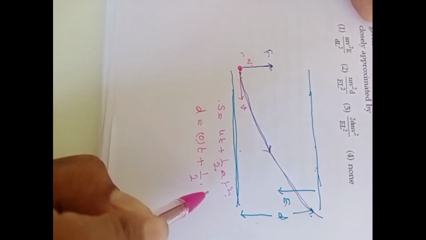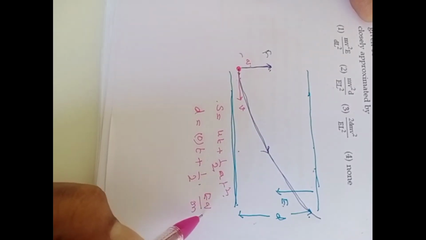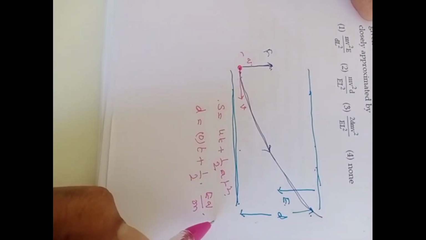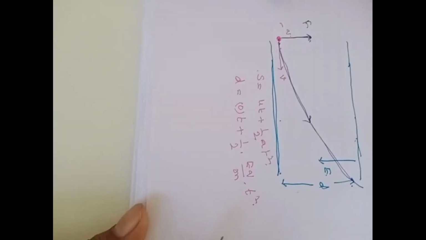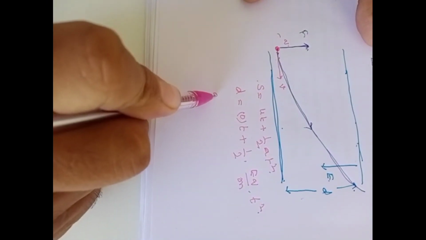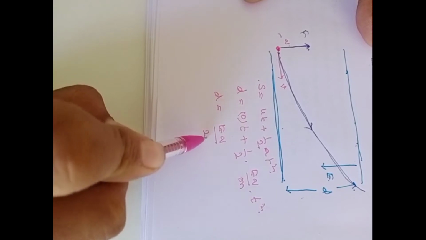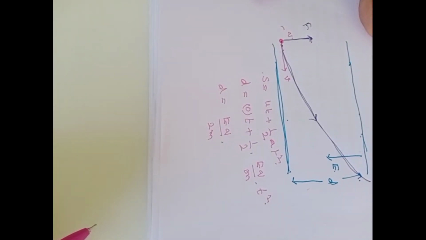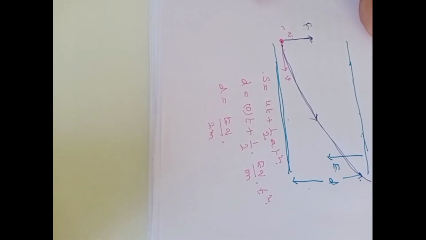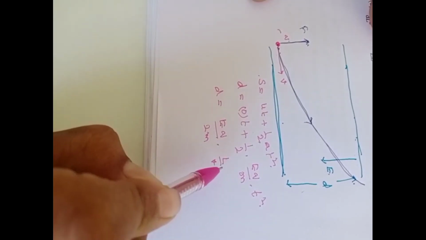The acceleration is eq by m, so d equals half into eq by m into t square. Velocity is distance by time, so we can write t equals L by v.